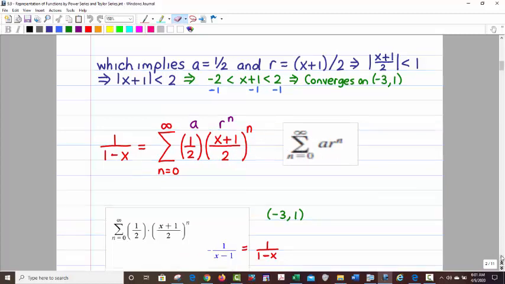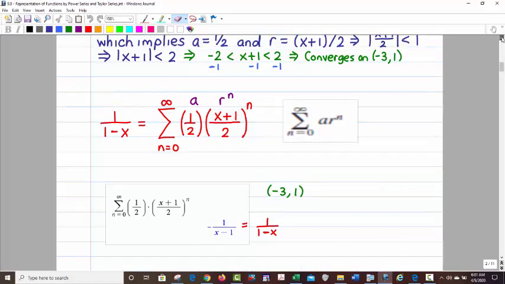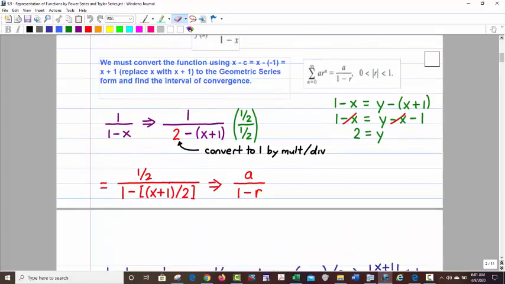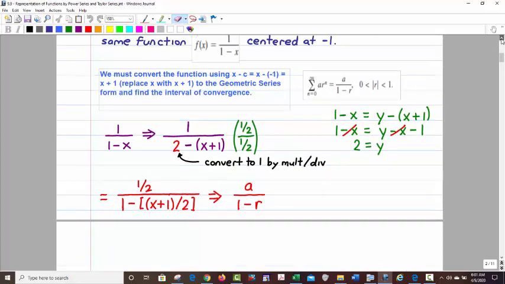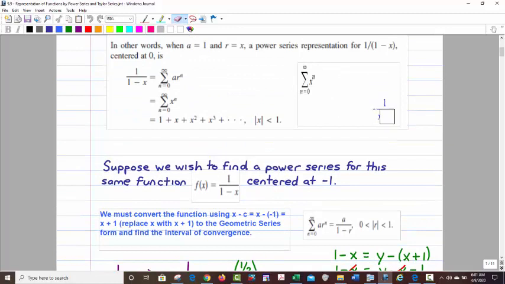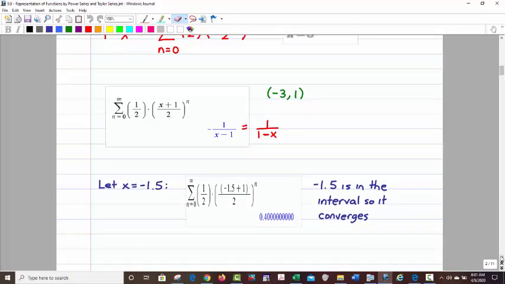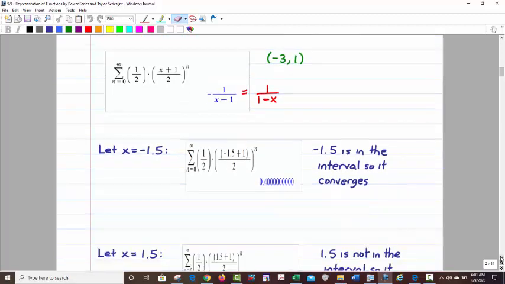So notice this power series still generates the 1 over 1 minus x like the one up here on the other page did. They're different representations, but they yield the same function. The difference is, right here, that was the same thing, but it's a different series because it's now based on a different interval of convergence. The other one was based on negative 1 to 1. This one's based on negative 3 to 1.